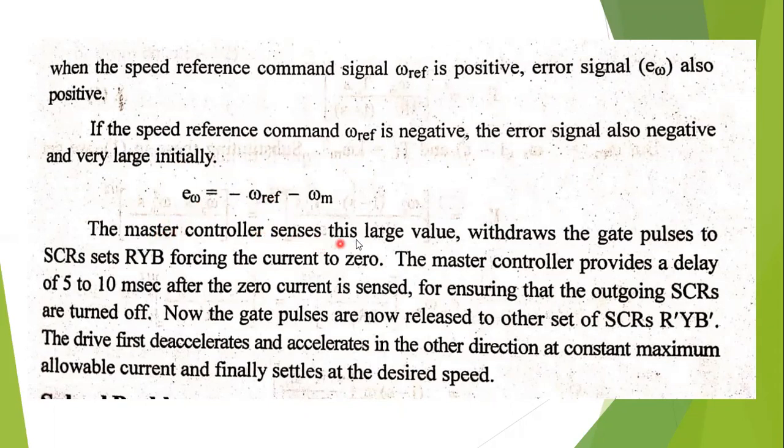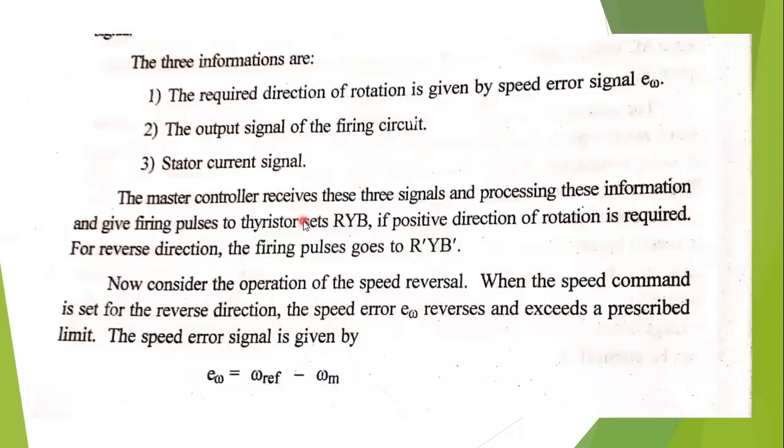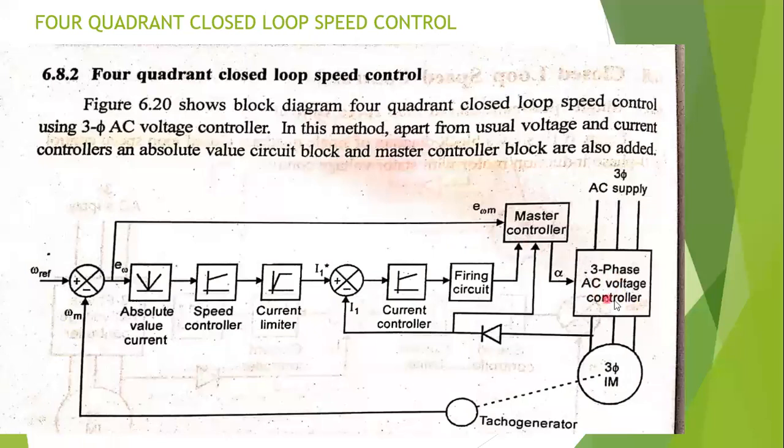The master controller senses the very large value, that is, minus omega reference and minus omega. So what happens here?